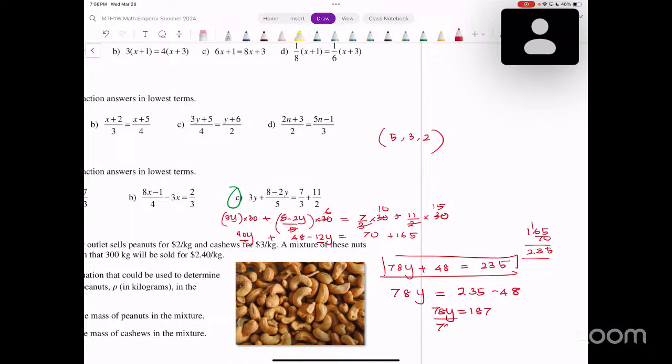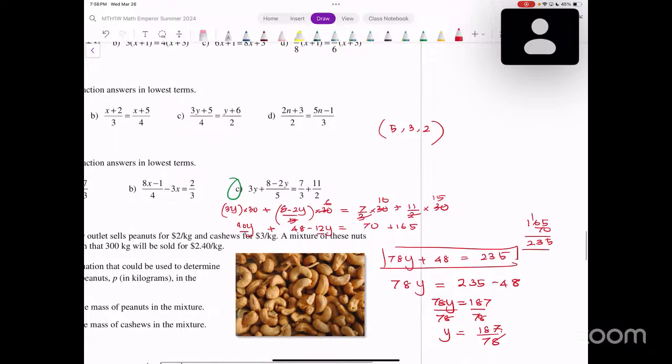To find out y, we're going to divide it by 78. Oh no, they want the answer in the lowest terms. So y is 187 divided by 78. You can't really simplify that anymore.